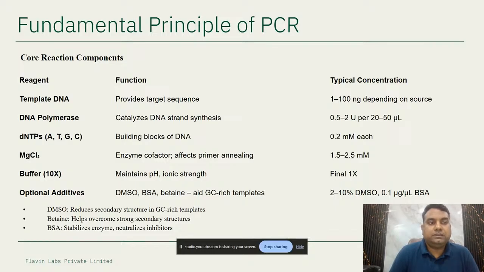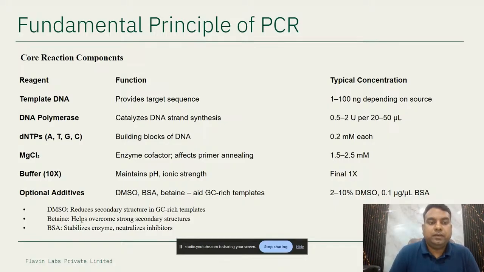Apart from template DNA, polymerase, dNTPs, magnesium chloride, and buffer, we also need additional additives like DMSO, BSA, and betaine for GC-rich templates. Their concentration varies.